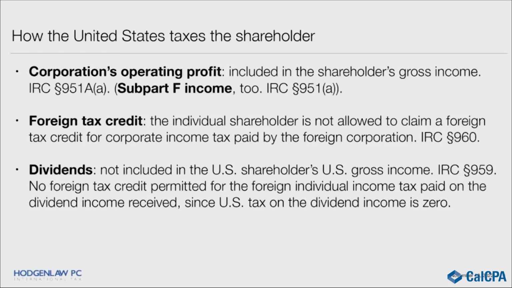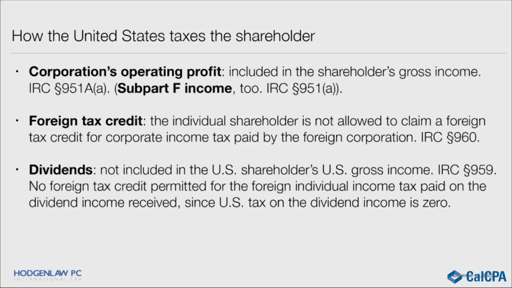The basic rules here are that the corporation's operating profit, and I'm just going to use that in a hand-wavy sense to mean global intangible low-taxed income, so active business income, so operating this dry cleaning store, is passed through to the shareholder, the individual shareholder's gross income.